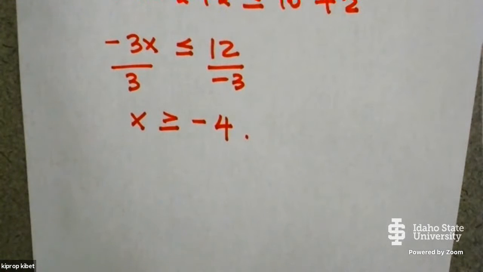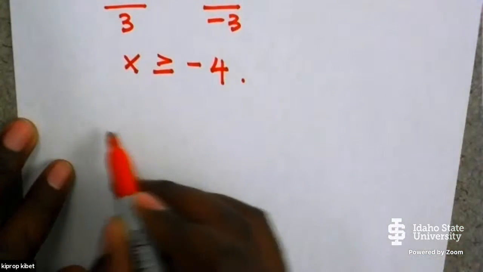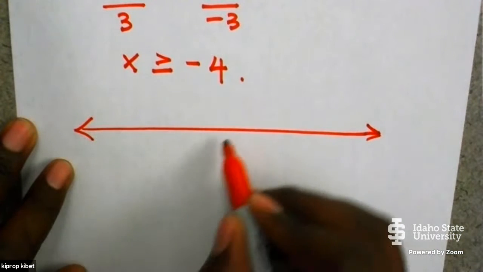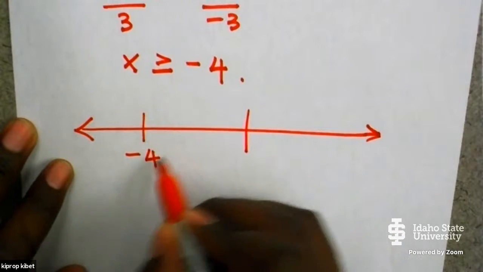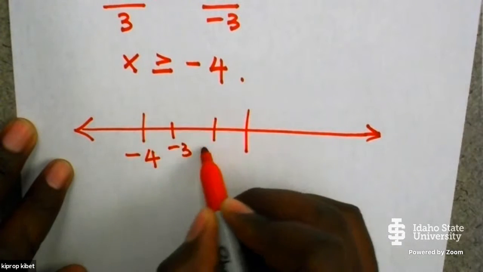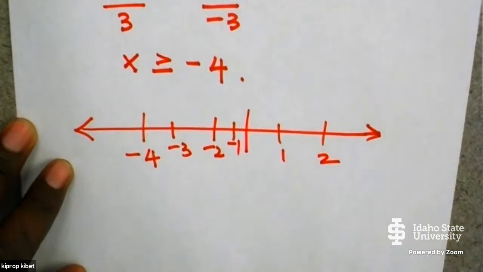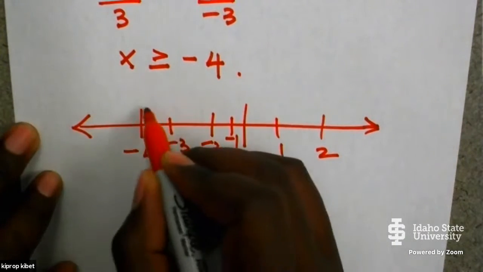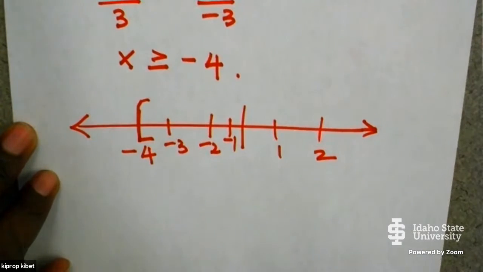Then you represent this one in interval notation. So you come here, draw that. Then I put here -4. Okay. So this is included. So it is here. And then these x values are all greater than.